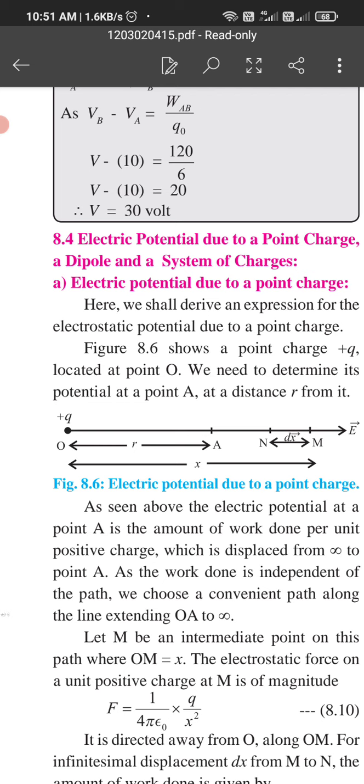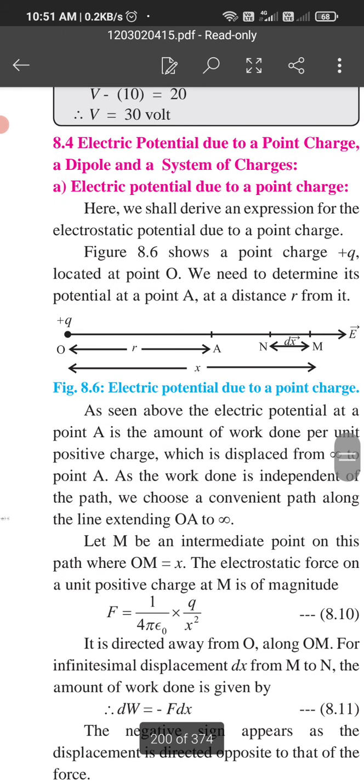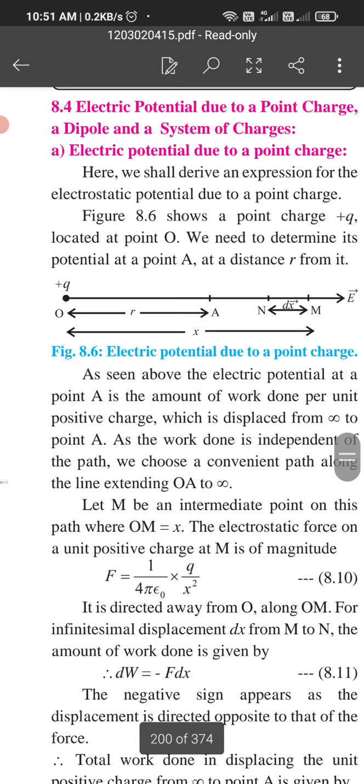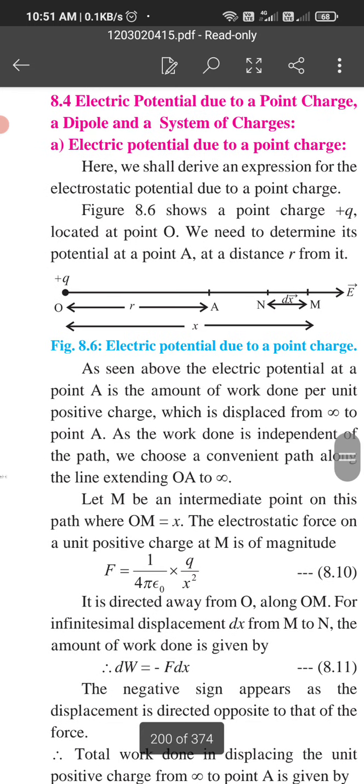So F is the electrostatic force, F is equal to 1 upon 4 pi epsilon naught into Q upon x square, directed away from O and along OM. Therefore work done dW is equal to minus F dx. The negative sign appears as the displacement is directed opposite to that of force.